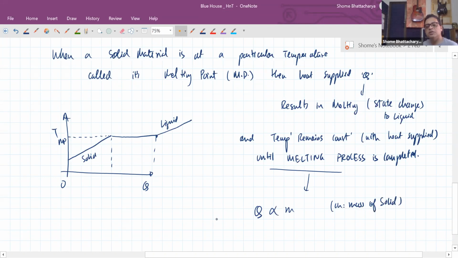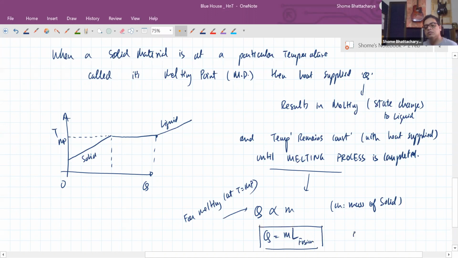And this is the amount of heat supplied for melting at the temperature equal to the melting point. So that constant of proportionality is called latent heat of fusion. Heat per unit mass for the melting process.